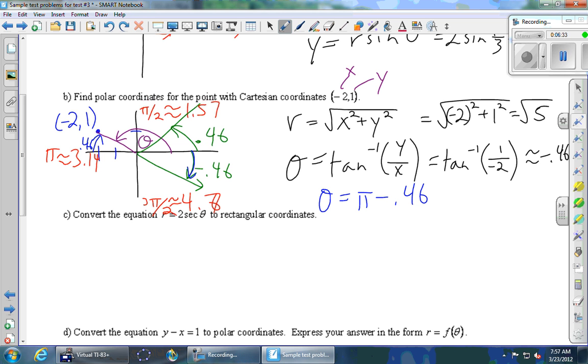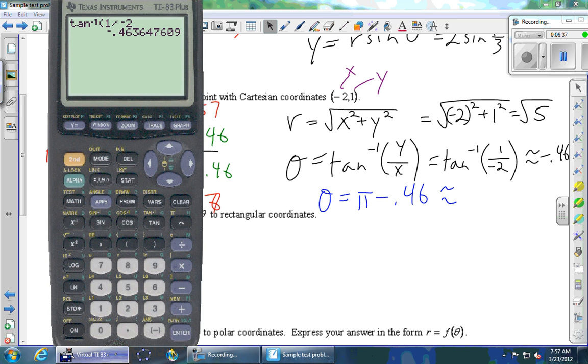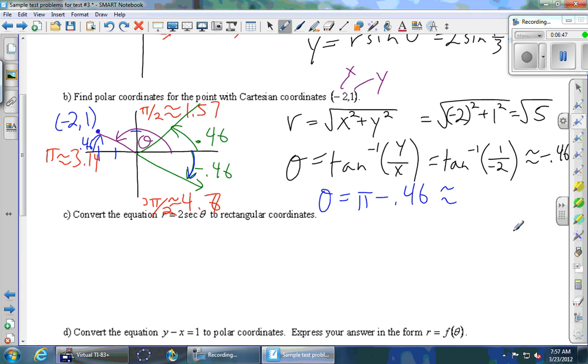So we'll type that into the calculator. So the real theta is about 3.6 radians. So ultimately, this point right here is also known as r and theta, radical 5 and 3.6 radians.